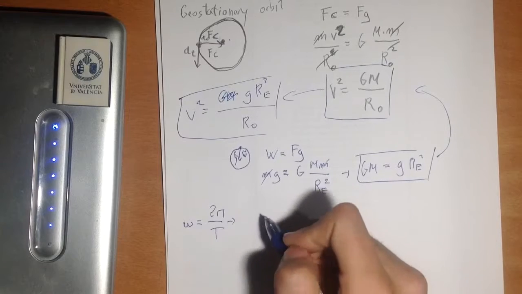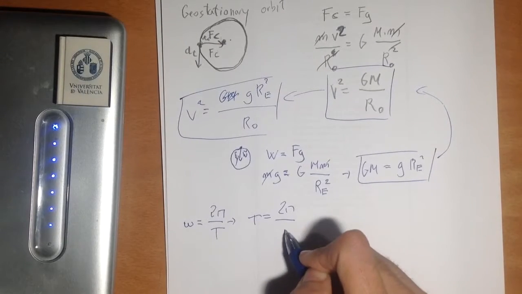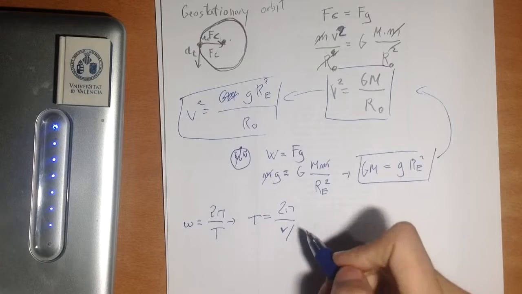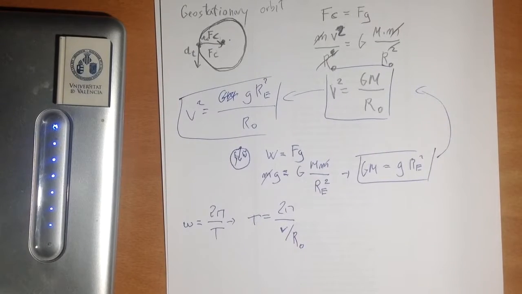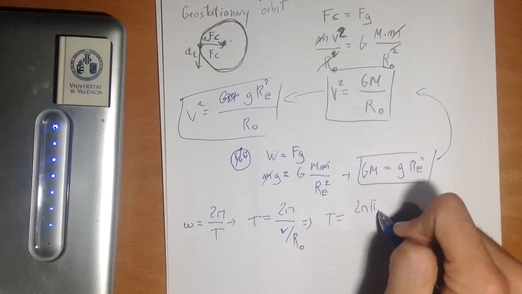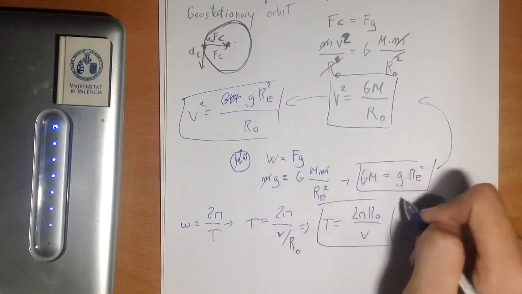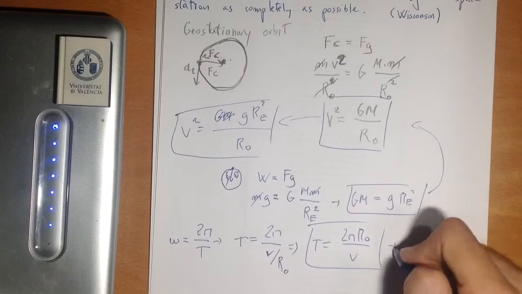So as we know, that is 2 pi over the period, and that equals the velocity divided by the radius of the orbit. So now we have 2 pi times the radius of the orbit over the velocity.